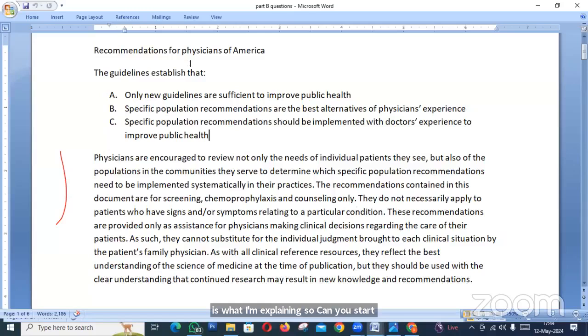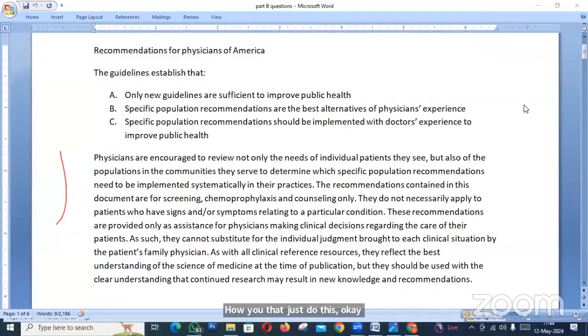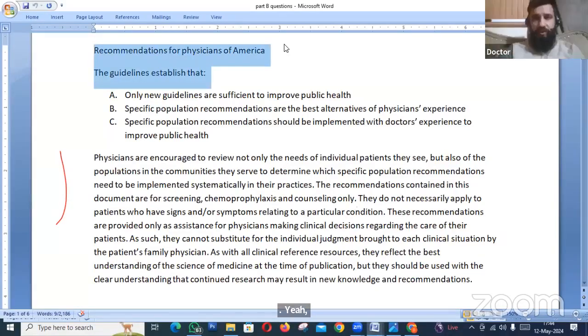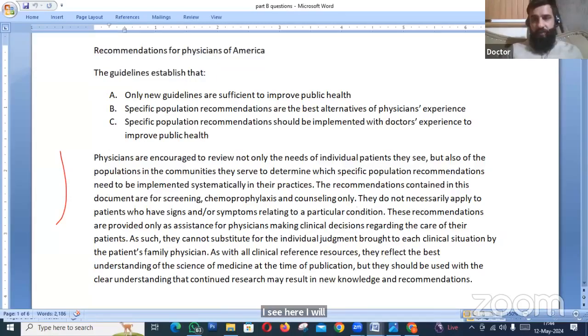So, recommendation for physicians of the United States. I think, just as you mentioned before, we have to read the first sentence and the answer is somewhere here. But now we're discussing the exact answer. In the first question, they are asking about only new guidelines.